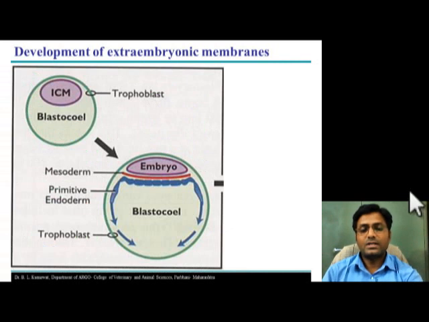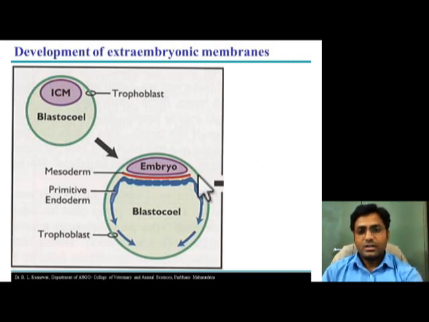First of all, once this blastocyst is hatched out of Zona pellucida, it mainly contains the inner cell mass, the trophoblast, and a cavity which is called as blastocoele. So this inner cell mass is differentiated into three kinds of cell populations.